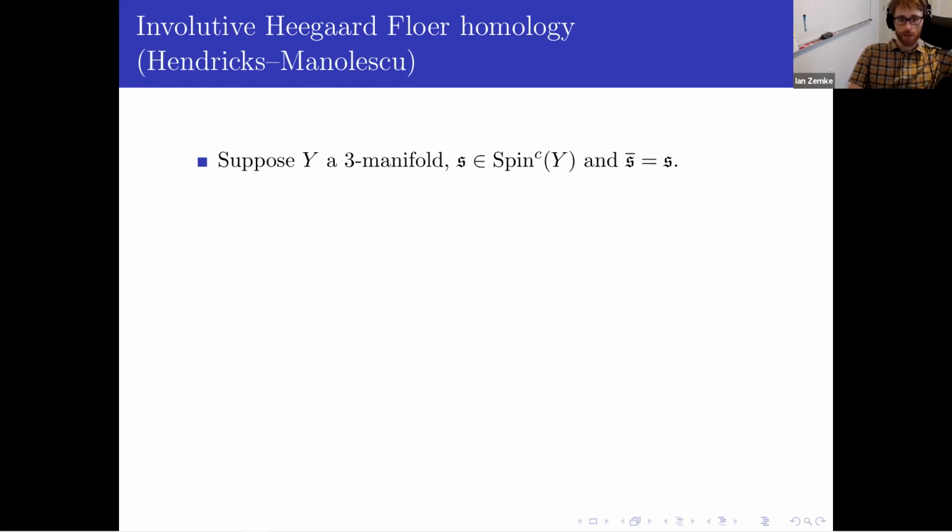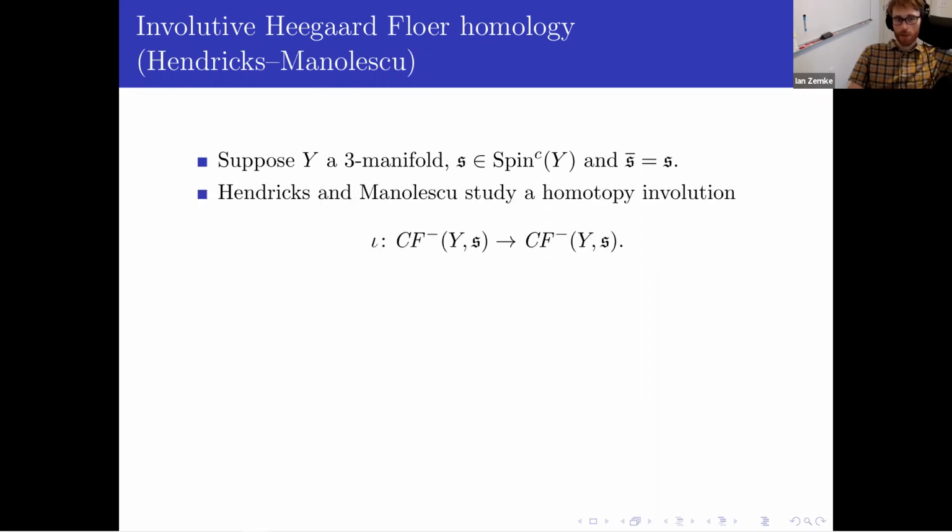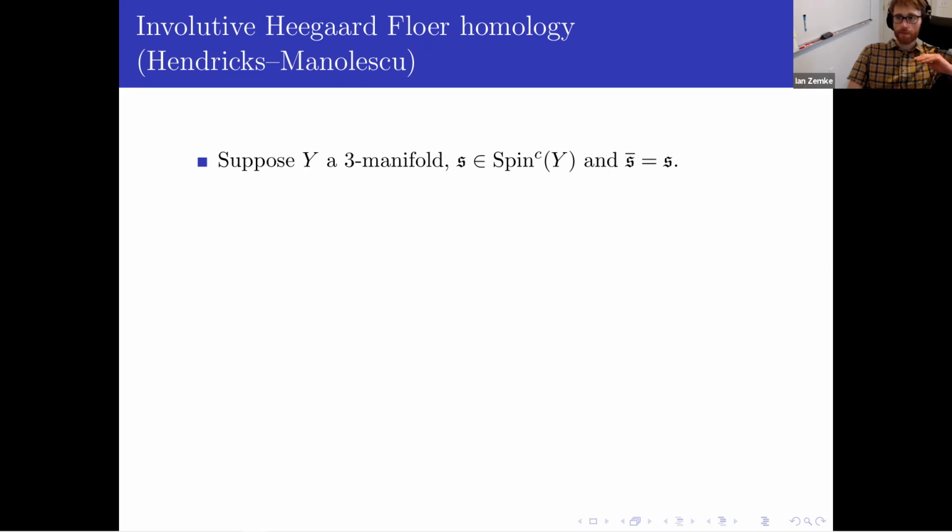Self-conjugate spin C structures are in correspondence with spin structures. So you can think of this as a 3-manifold with a spin structure. And note that for an integer homology 3-sphere, there's only one spin C structure, so automatically it's self-conjugate. So sometimes the best situation to look at is just integer homology 3-spheres.